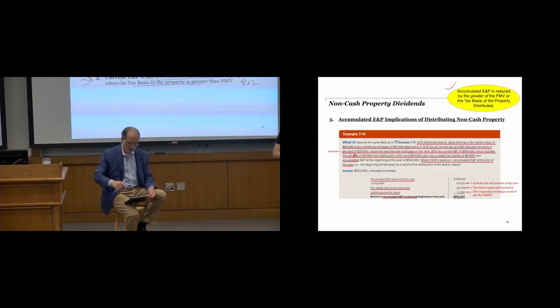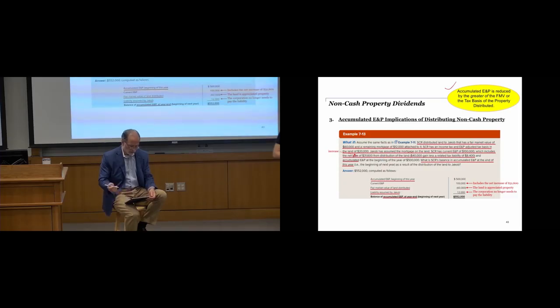So they just netted it to the 31.6. If I have a gain of 40, I have to pay tax of 8,400, which is 21%. And accumulated E&P at the beginning of the year of 500K. So we're seeing now what is SDR's balance in accumulated E&P at the end of the year as a result of distribution of the land.